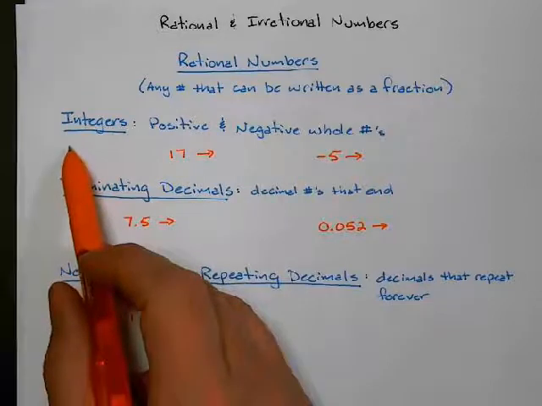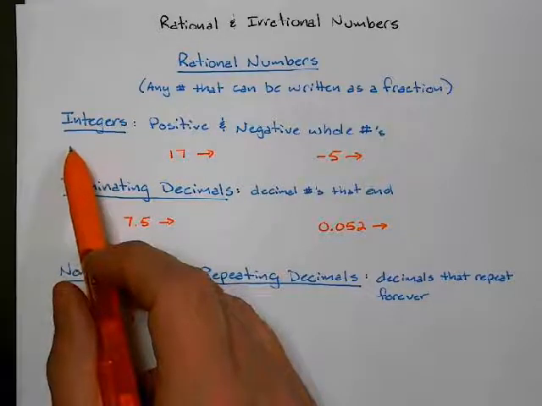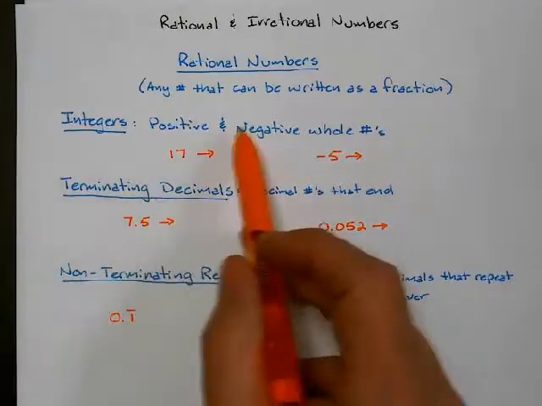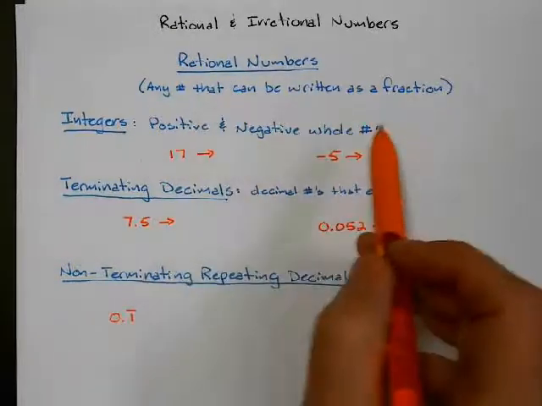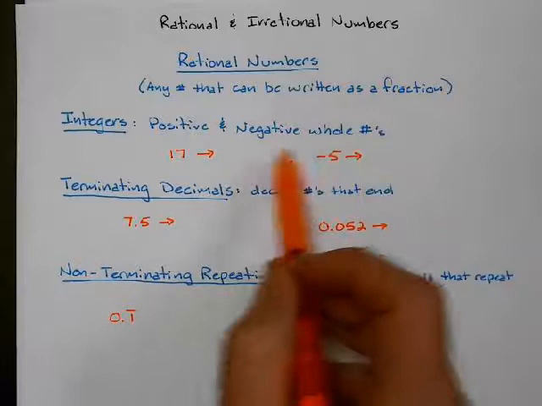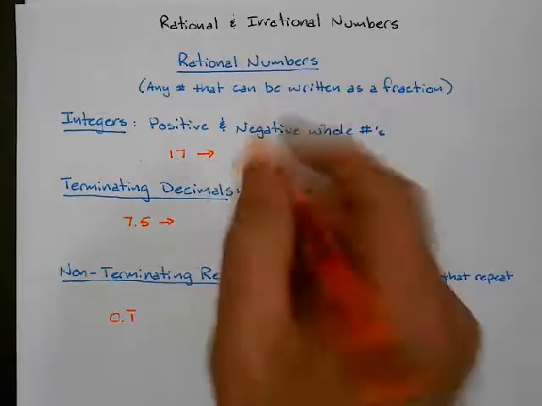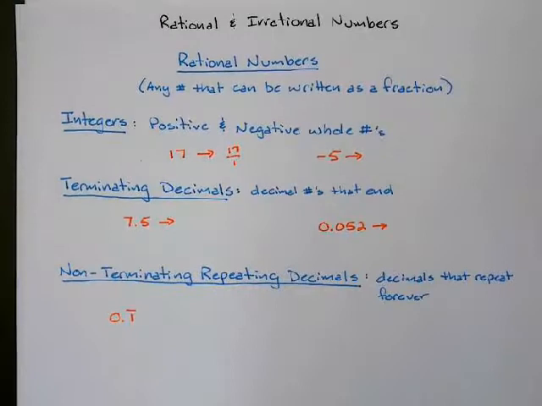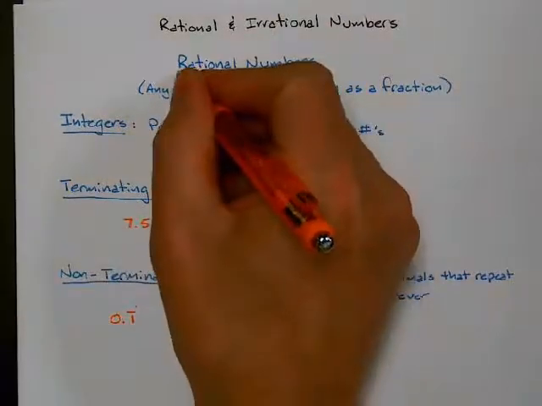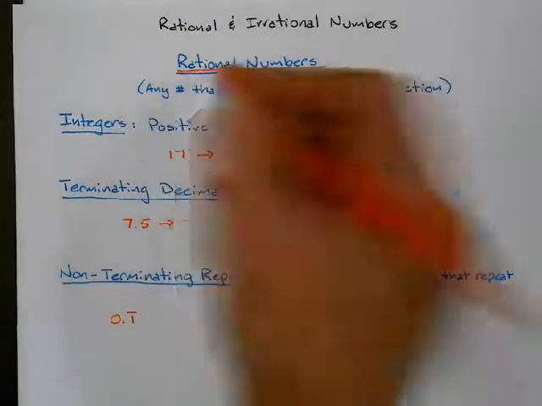We usually start, when we're teaching kids, with integers. Integers are positive and negative whole numbers. These are rational because they can be written as fractions. So an integer like 17, we can always make this 17 over 1, and so it can be written as a fraction, therefore it's a rational number. The word rational, the first part is ratio.